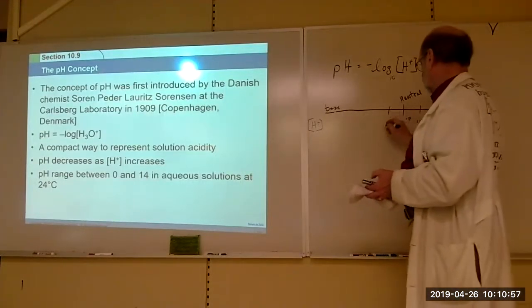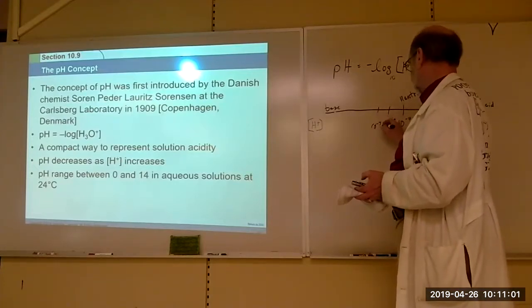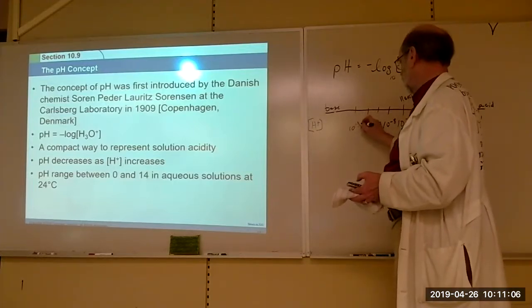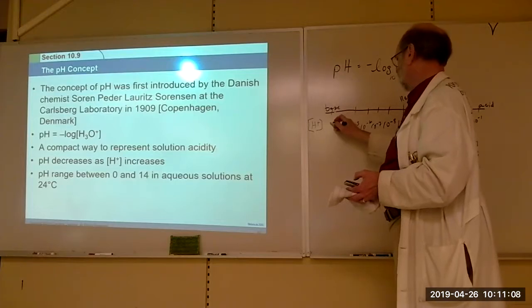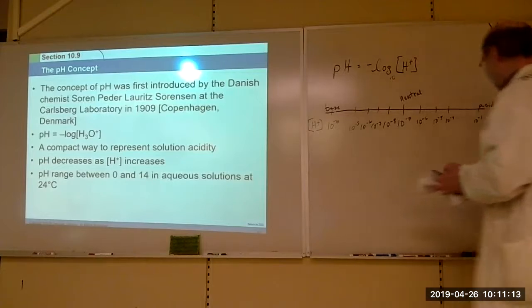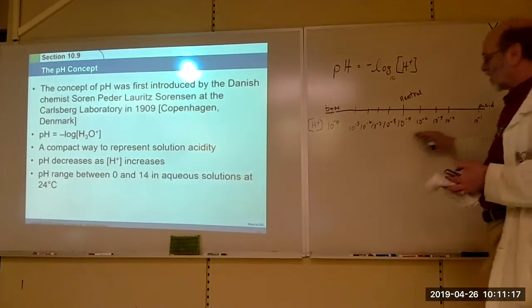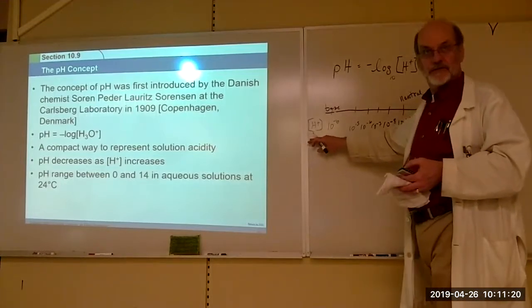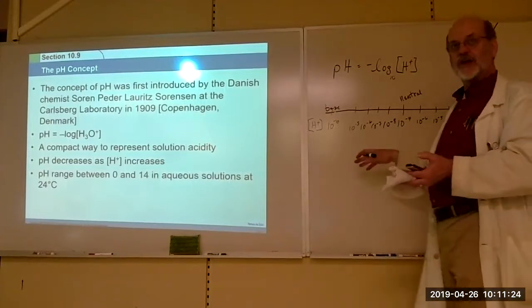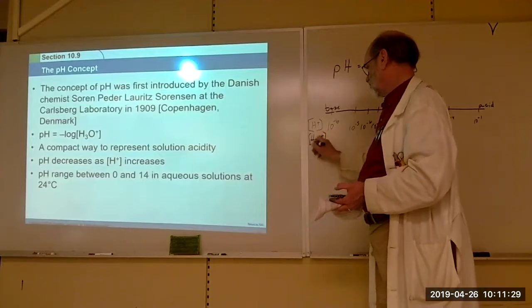Less concentrated, so we do 10 to the minus 8, 10 to the minus 9, all the way down to 10 to the minus 10. Okay? So that's actual concentrations of hydronium ions or hydrogen ions. We're using them synonymously. Same thing.